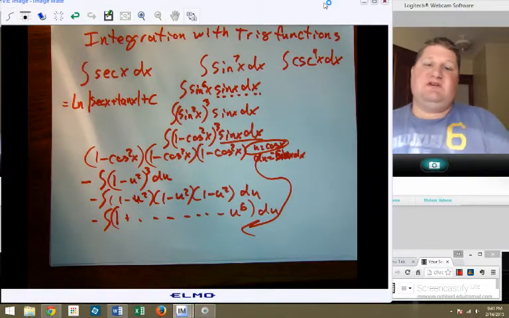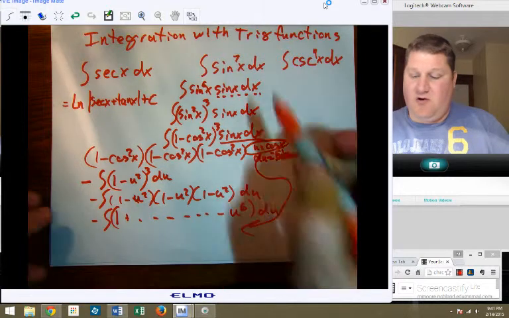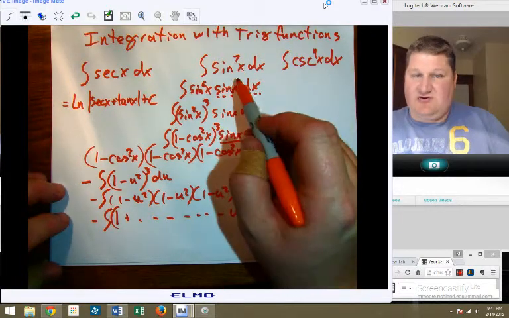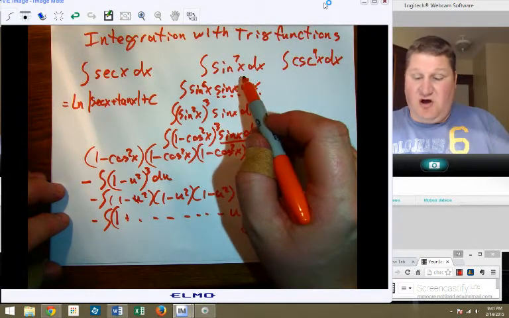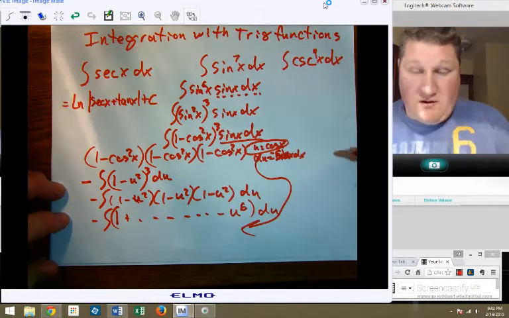So that's using an odd power of sine or cosine. The kicker is it has to be an odd power because you have to have the one extra sine or the one extra cosine to split off. If you have an even power of sine and cosine, it does not work.